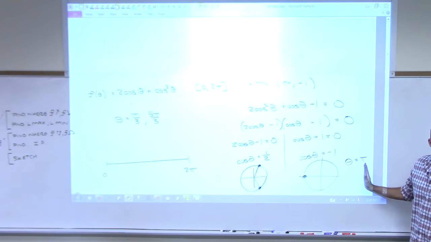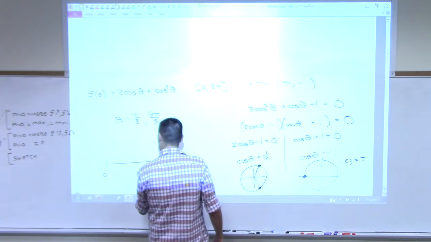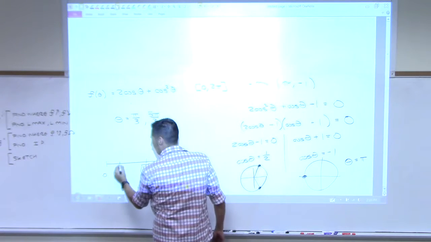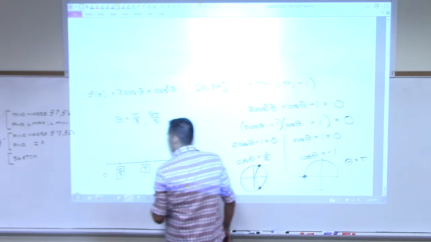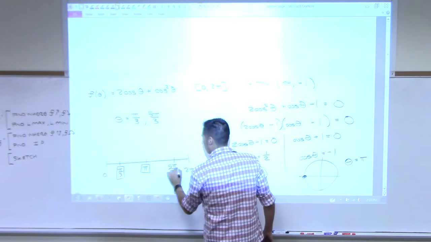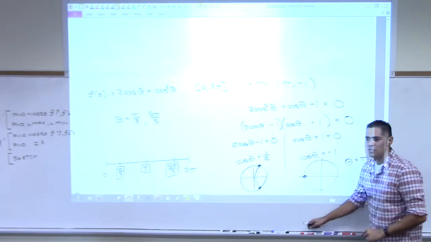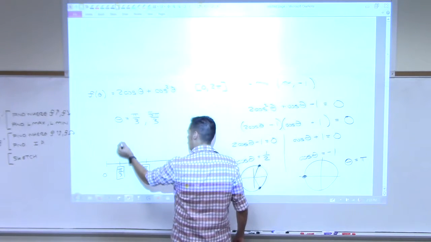Pi would be right in the middle. Pi over 3 would be about 1/3 of the way. And 5 pi over 3 would be about 1/3 away from the end. That partitions my number line into some sections here.